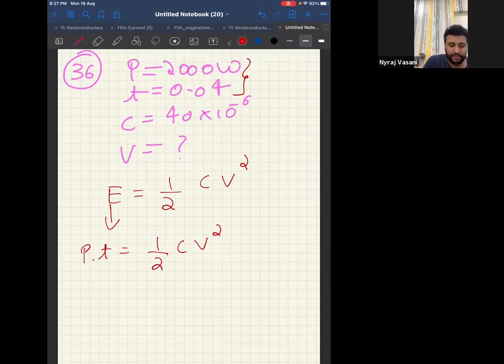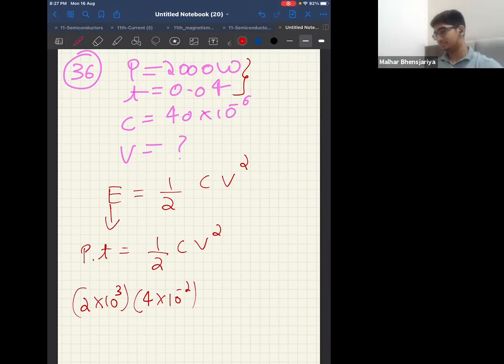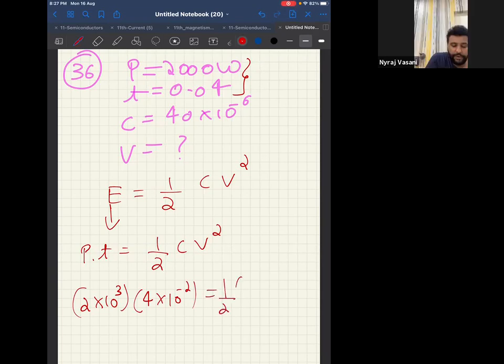So let us start. Power is 2 into 10 power 3 into time, 0.04. Can I write it as 4 into 10 power minus 2? Just check whether I am right or wrong. Yes. 4 into 10 power minus 2 is equal to half into 40 into 10 power minus 6 into V square.